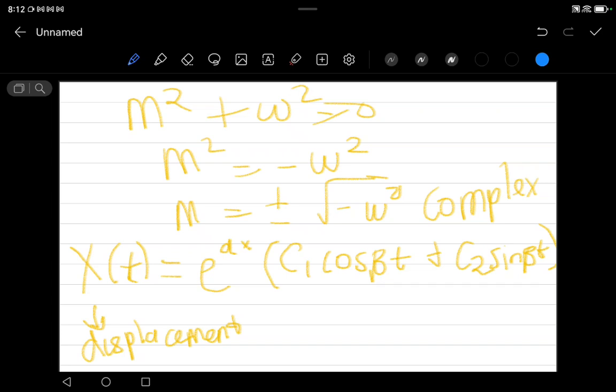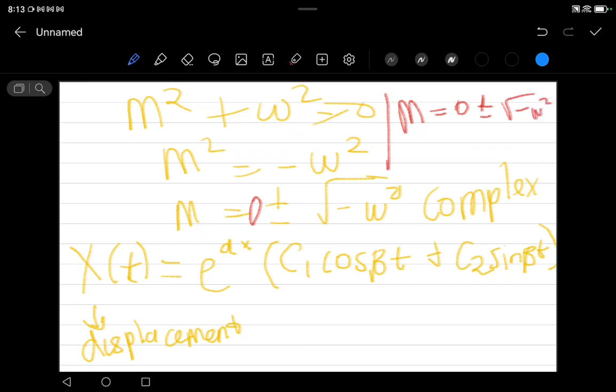Remember here, we don't have any real value, so we can write 0. And here it's the square root of negative omega squared, so we can write m equals 0 plus or minus the square root of negative omega squared.